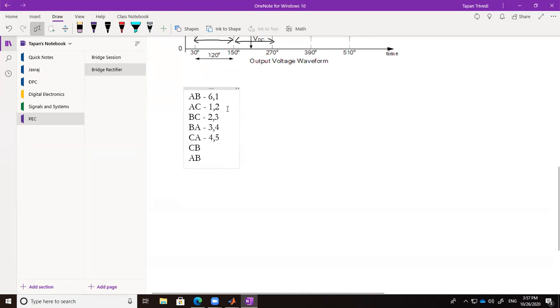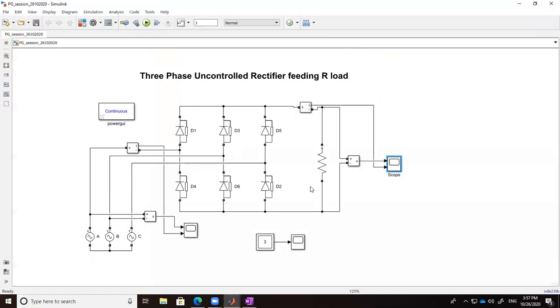During this, 4 and 5. 5 and 6. 6 and 1. So this way, diode pairs conduct. Okay. I can put them here also.